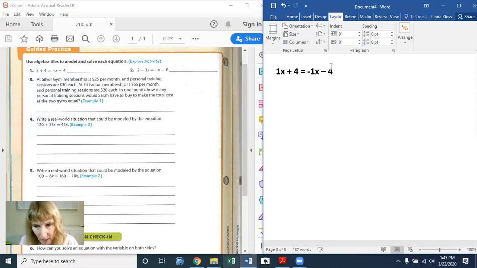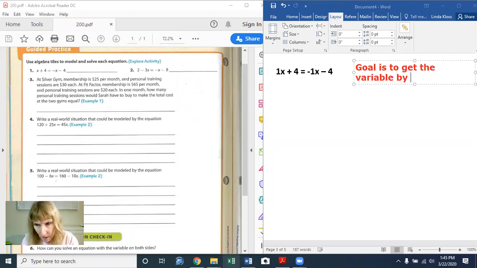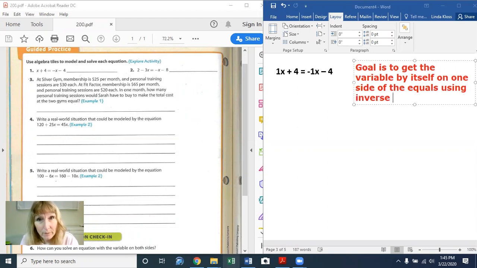Now, to solve this, the goal is to get the variable by itself on one side of the equals using inverse operations. Thank you, Cyberworld. Okay, so to do that, I am going to first bring the 4, oh, I want red, not white.